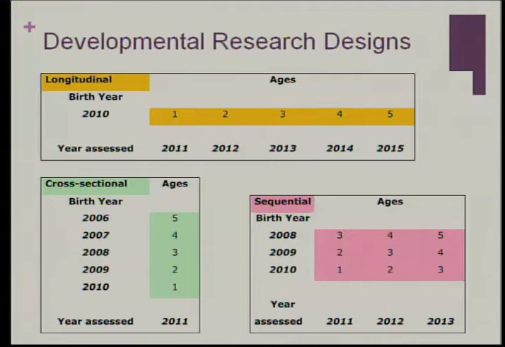The way this can reduce cohort effects is that because I'm getting these in different years, I can study, for example, my 2-year-olds who are 2 in 2012 versus my 2-year-olds who are 2 in 2013, and see if those children differ at all. If they do, then that could be due to cohort effects. If they don't, then I can maybe say cohort effects didn't affect my research here. So this is one advantage of the sequential design, and it has the pluses of longitudinal studies. You can study inter-individual change, but it also reduces the amount of time that you need to do that.